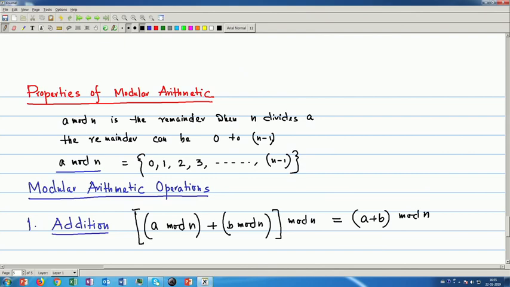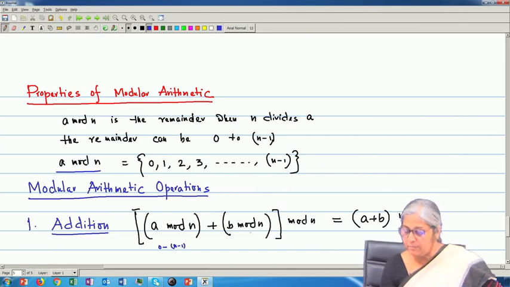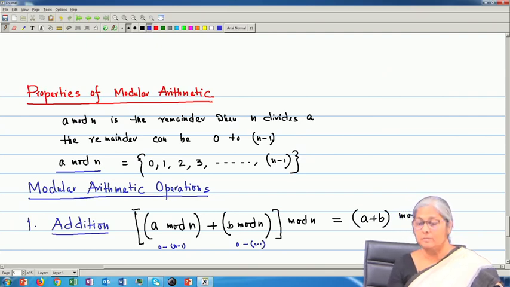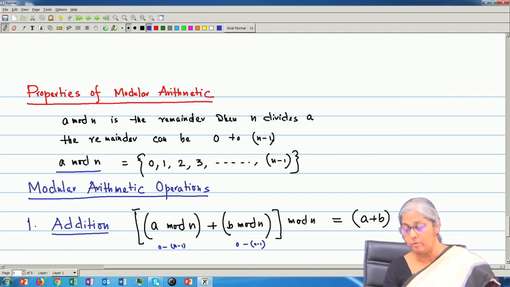First we see that my A modulo n is a set of any elements from 0 to n minus 1. Similarly B modulo n, because it is divided by n, will be again 0 to n minus 1. So, these are two numbers, and then again I take modulo n.